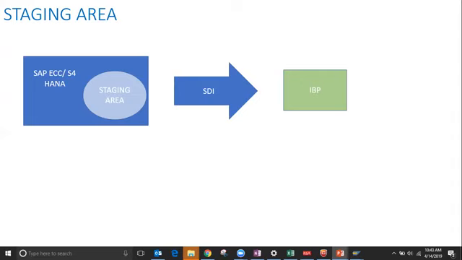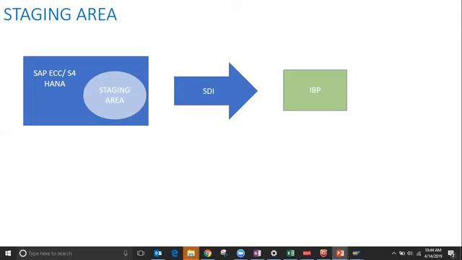So these are two steps. First step, the data should be available in the staging area. The second step is that through SDI, your data from the staging area will get transferred to IBP. When SAP says that the integration using SDI is near real-time integration, it means that your staging area will get updated whenever any new data or any changes happen in your master data or transaction data on the ECC side.